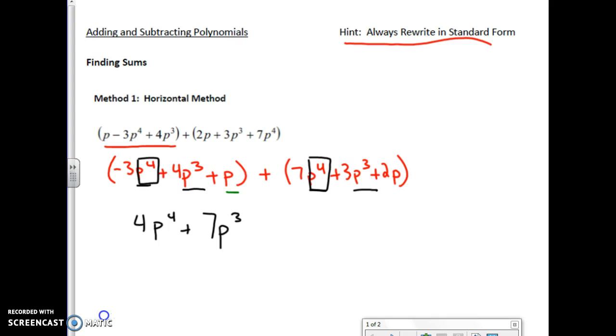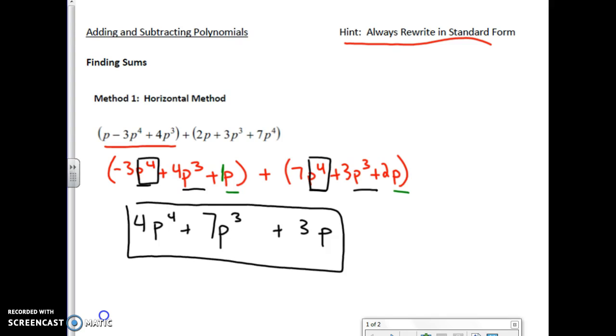I got 2 p's. Now there's a 1 in front of that p, and there is a 2 in front of the other p. So they both end with a p. And all I'm going to do is just add the numbers that are in front of the p's together. 1 plus 2 gets me 3p. So my final answer is 4p to the fourth plus 7p cubed plus 3p.